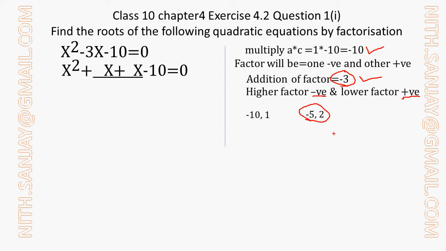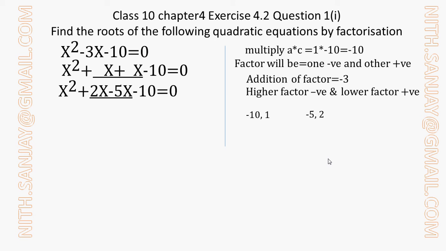It means that the two factors I am looking for are minus 5 and plus 2. So I will fill this minus 5 and plus 2 here. One number I will fill here, another number I will fill here. So that will give me the factorization, right?